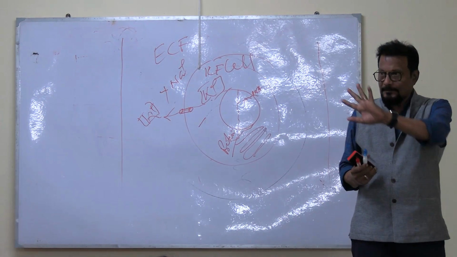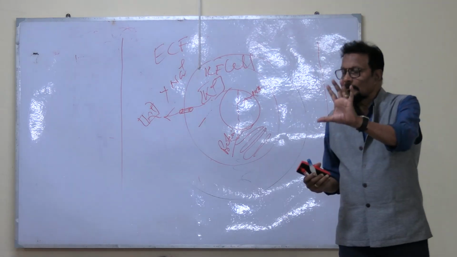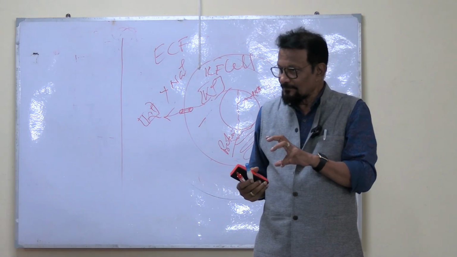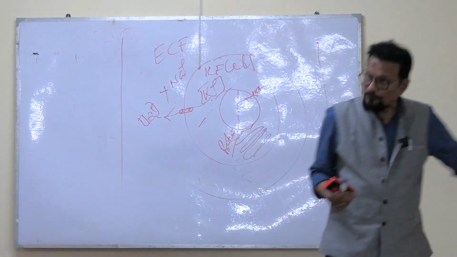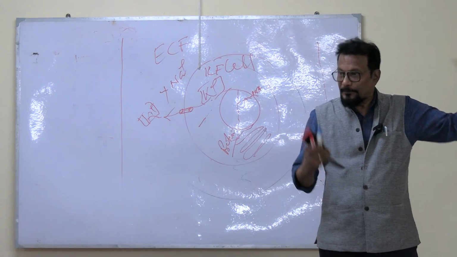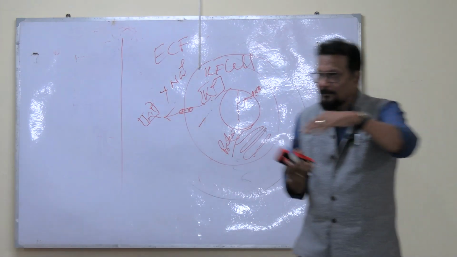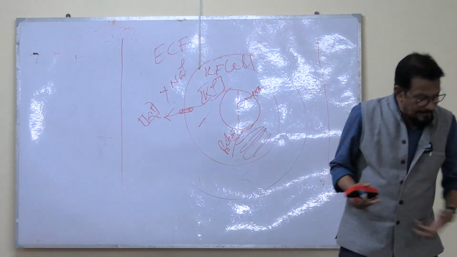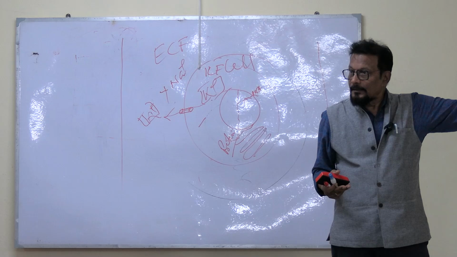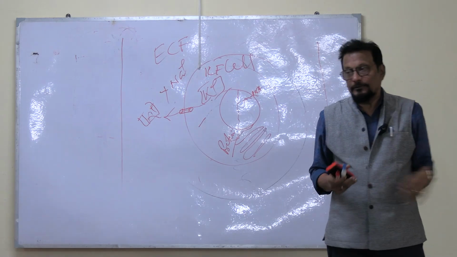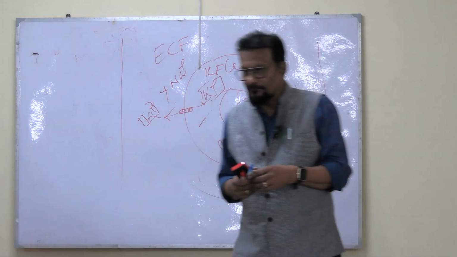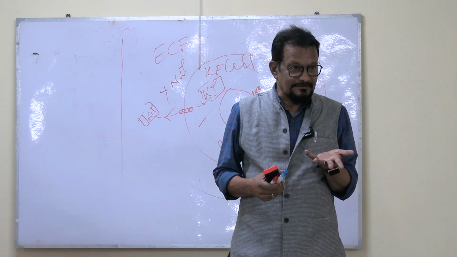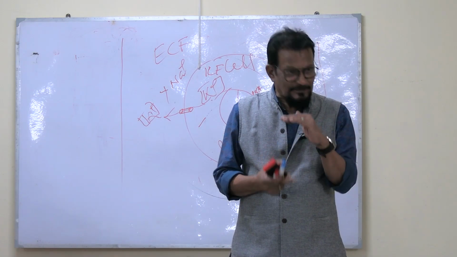If there are 10 negatively charged ions and 10 positively charged ions, then before moving, the charges were equal. Now if 5 go away to that side, what happens inside? Previously the charge was 0.